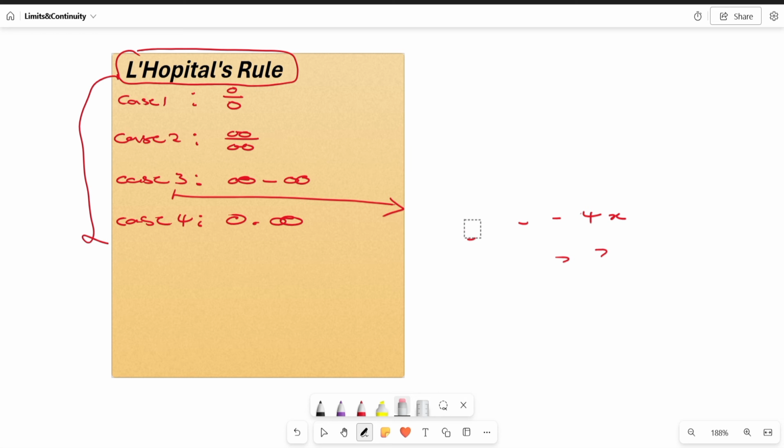Okay, now the last one, case number 4. This case here is quite an interesting, special one, right? The reason for this is because you need to make it a fraction. But now you need to understand what I told you earlier on, that multiplying by a smaller number is the same as dividing by a bigger number.